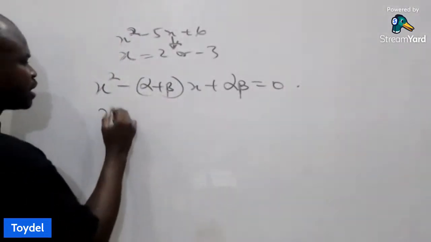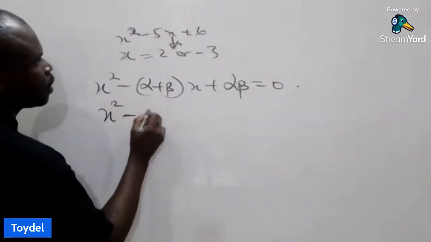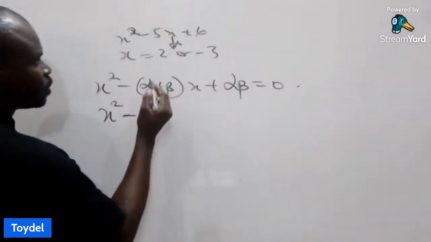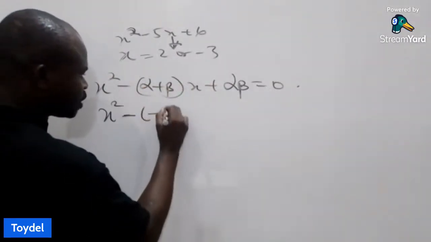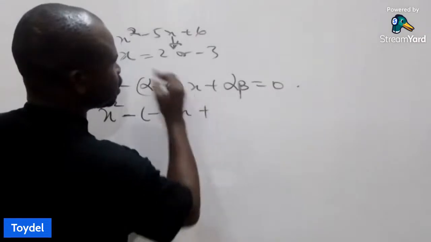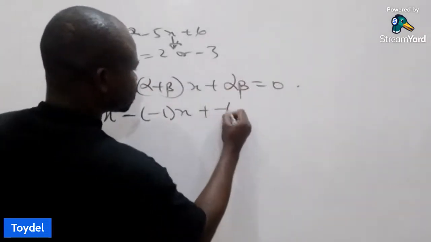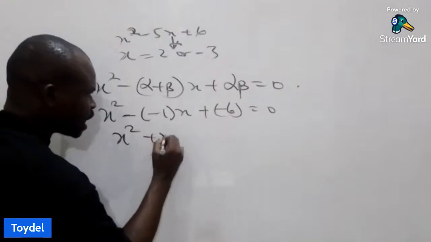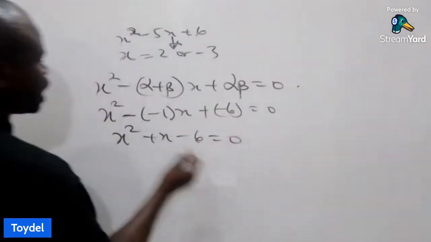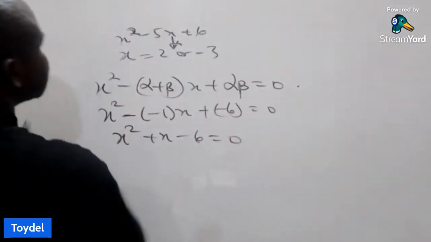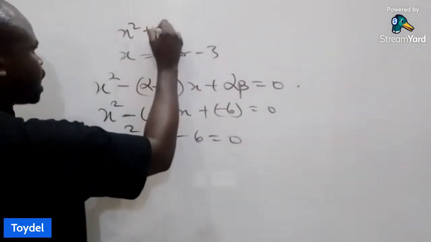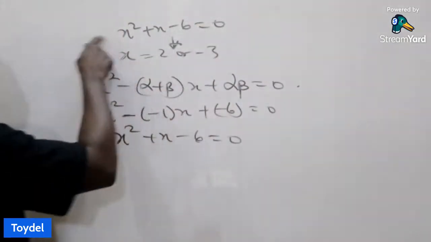When you add these two together, the sum is minus 1 in bracket x, plus the product is minus 6 equal to 0. At the end of the day, the answer will be s squared plus x minus 6 equal to 0.